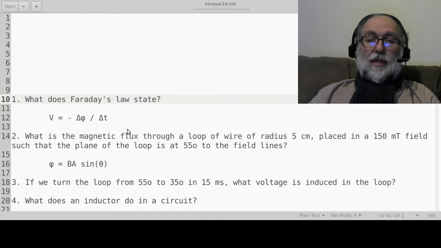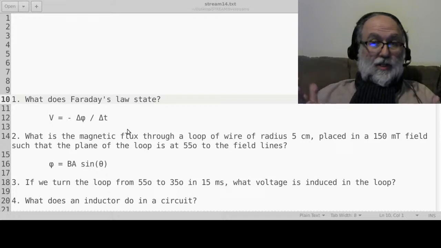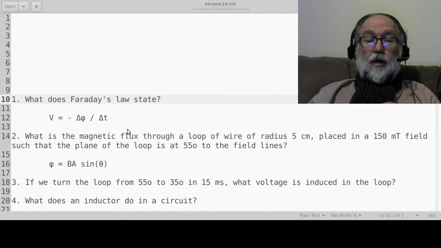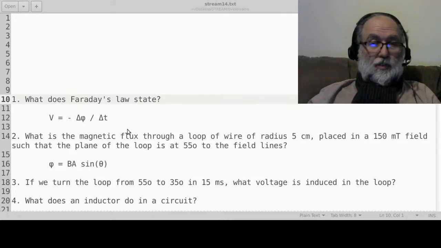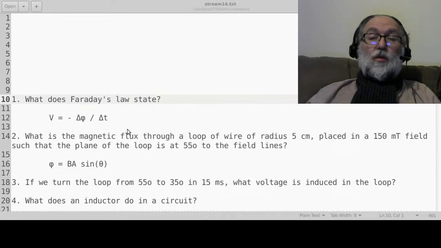Basically, when you have a wire in a magnetic field, and the wire is not carrying a current, actually let's say a loop, a wire in a circular form or some closed loop, in a magnetic field that is not changing at all, and the loop is not moving, then there is no current induced in that wire.